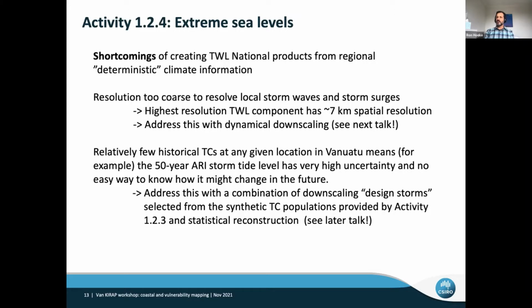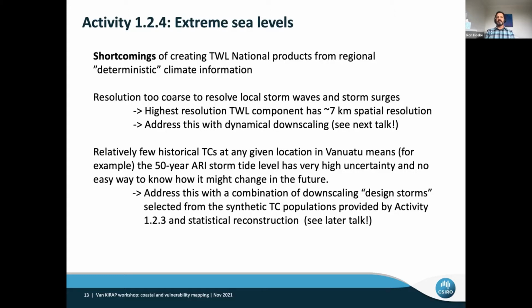But even that regional wave model, the Cocker Wave Hindcast, its highest resolution in Vanuatu is about 7 kilometer spatial resolution, which isn't really that great for resolving small bays and individual reefs and things like that. So that's an important consideration here. We are trying to address that with the dynamical downscaling that Vanessa will discuss in her next talk.